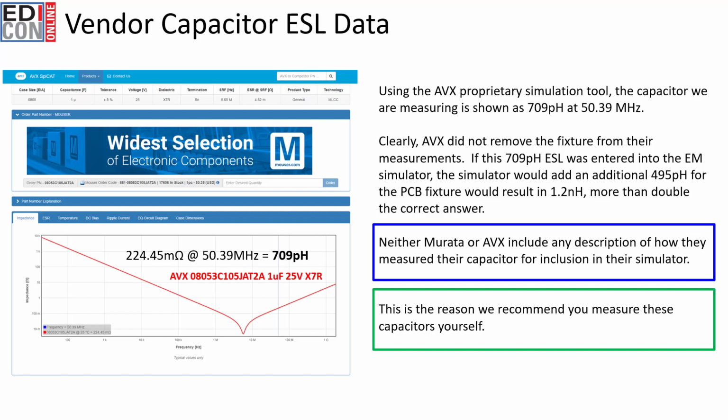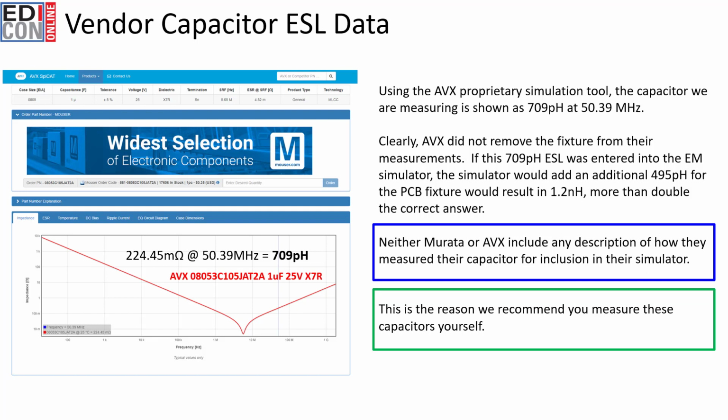Using the AVX proprietary simulation tool, their vendor data for this capacitor is showing 709 picohenries at 50.39 megahertz. That's interesting because clearly AVX did not remove the fixture from their measurements. If this 709 picohenries was entered into the EM simulator, the simulator would add an additional 495 picohenries for the PCB fixture.